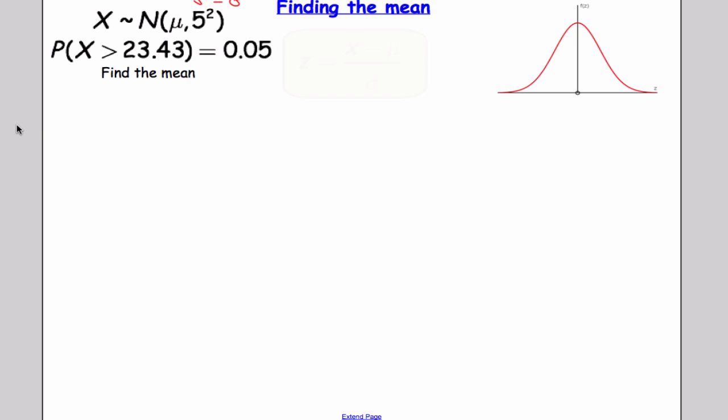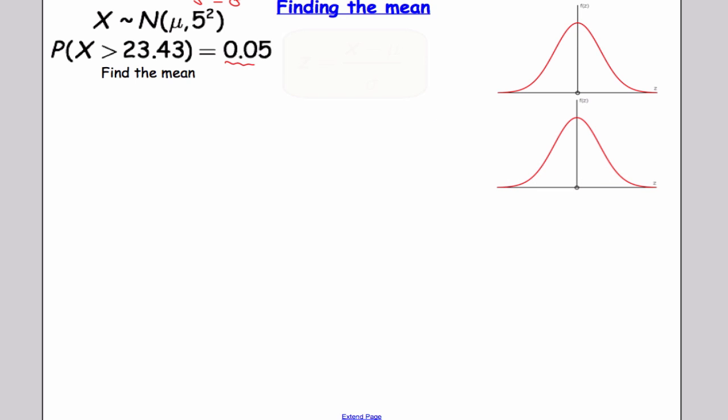As always with pretty much every standard normal question, we want to use a few diagrams to help us work out the problem. So what do I know? I know that the standard deviation is 5, and I'm also told that the probability that x is greater than 23.43 is 5%.